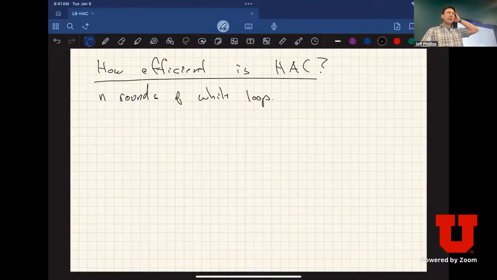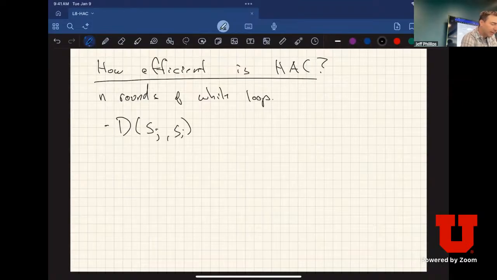And then how long does it take to compare? Within this, I have to compute this distance between a pair of point sets.